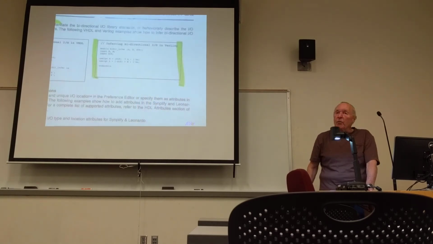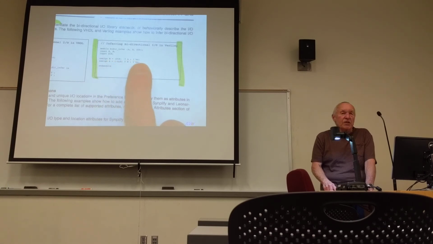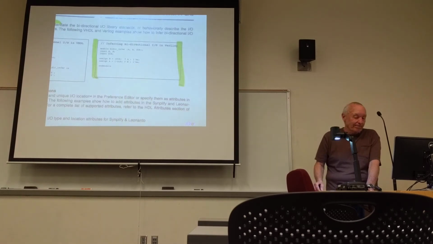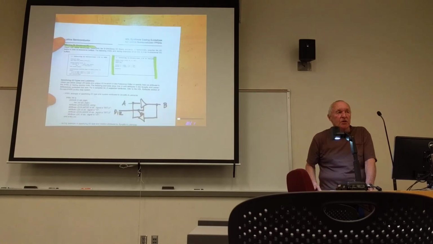That's how you infer it, with two if-then-else statements. Notice that if the direction is a logic 1, B equals A, otherwise it's the high impedance state. And if DIR is low, A equals B, otherwise you're in the high impedance state. Another example of inference versus instantiation.